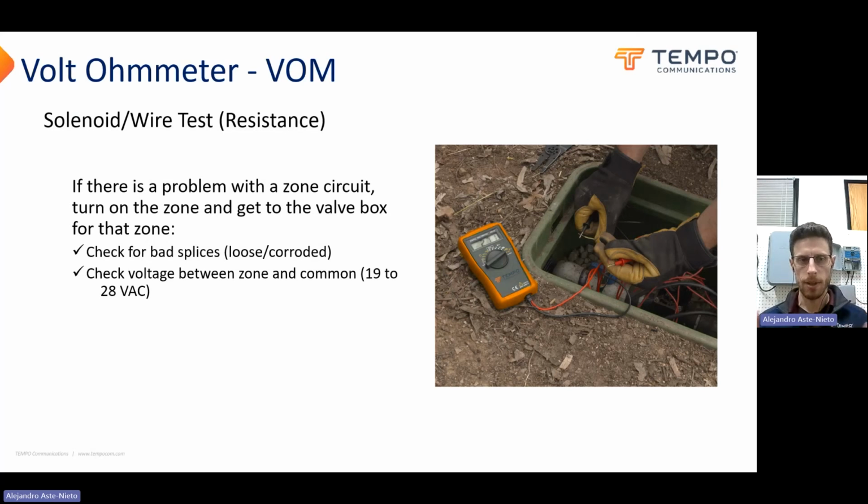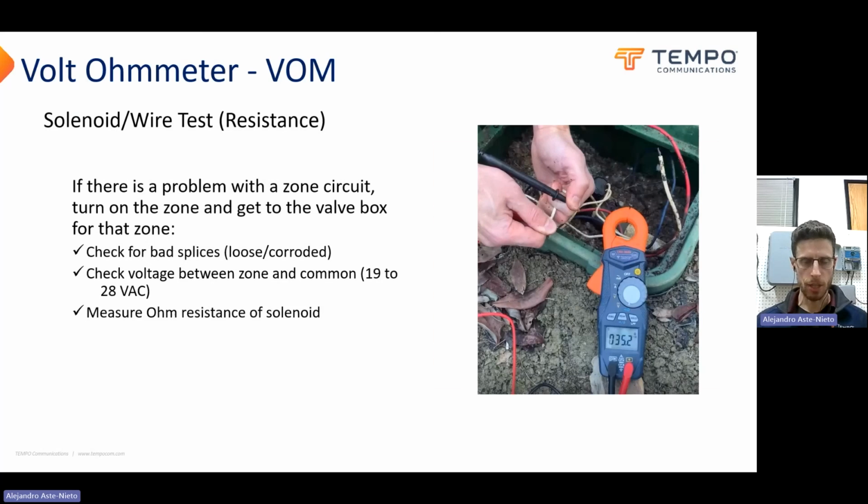Again, you'll want to check for about 19 to 28 volts there, accounting for some of that resistance from the wiring. And if you have significantly less, then that indicates a wiring issue. And then from there, we can check our solenoid very easily. Check the two solenoid wires like I did earlier with those two probes, and look for that 20 to 60 ohm range.